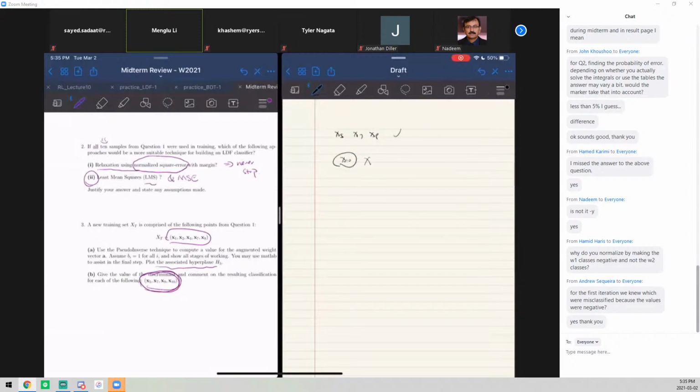x10 is wrong, but we still say this result is acceptable because we know in this one it's not linearly separable. We cannot find a boundary to have 100% accuracy as long as the error rate is small enough for the unseen data. Because we use these 5 points for training, right?